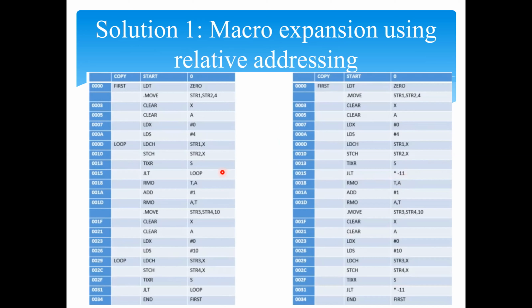So just compare these two programs. This is how the macro is expanded. In the first case, this is our previous example where we have the loop variable, right? And you have two loop variables, and those addresses are also given. And you have loop being referred to at the address 0015.